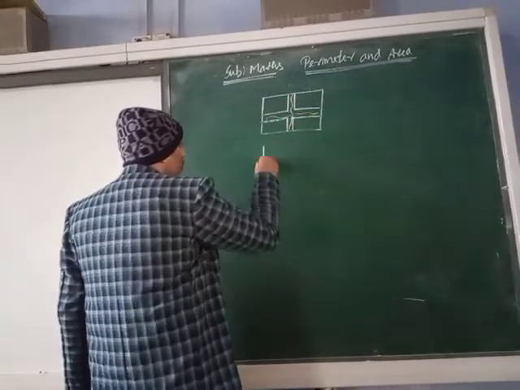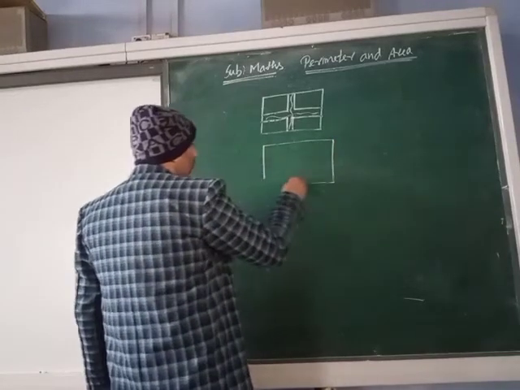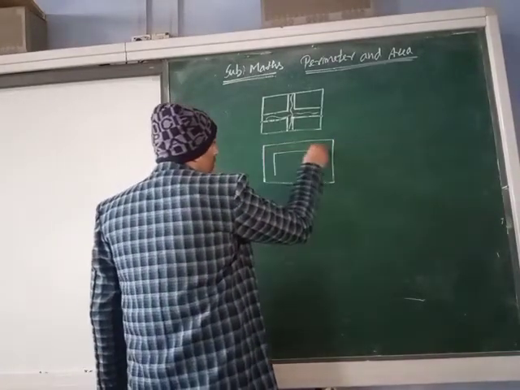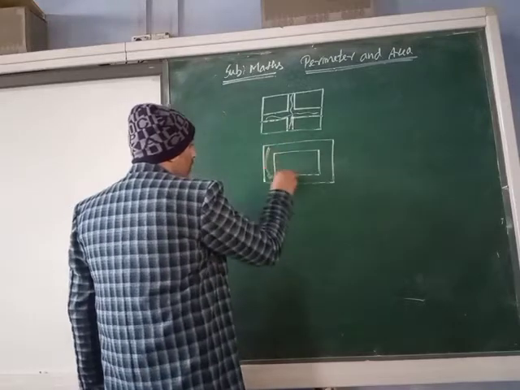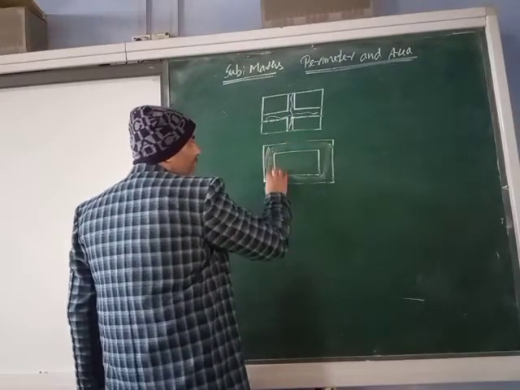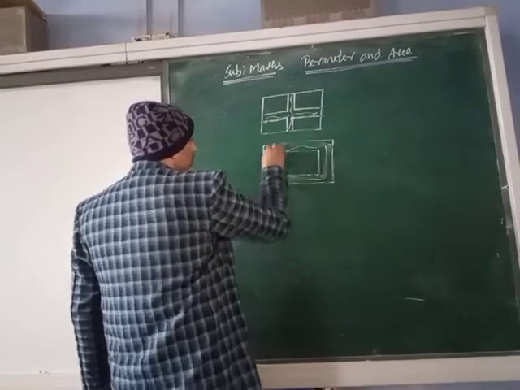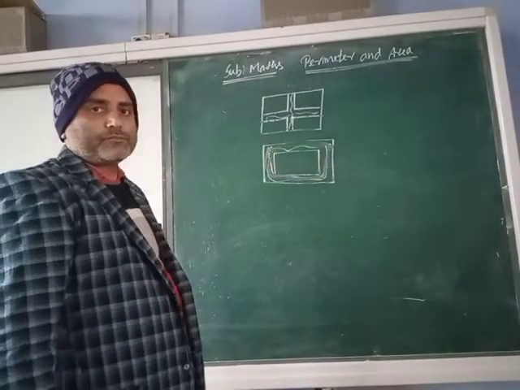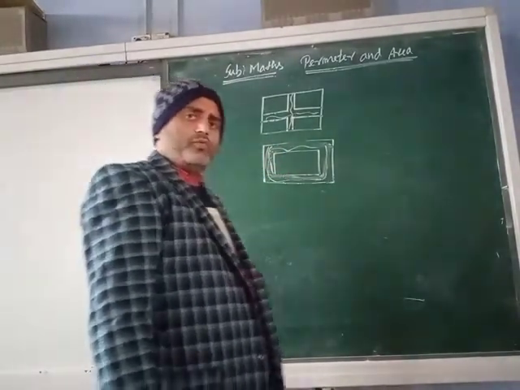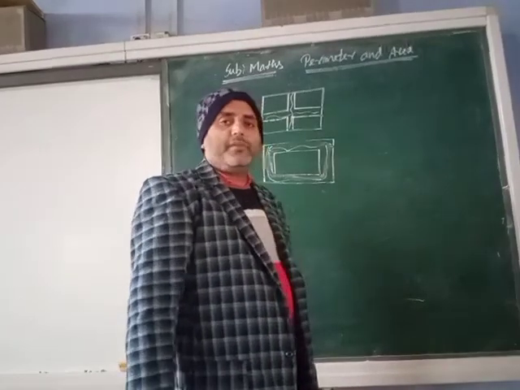And also, if there is another rectangular shape, and there is a way where you move in the garden, then what is the area of this shaded region? You know the area of a rectangle and the area of a square.